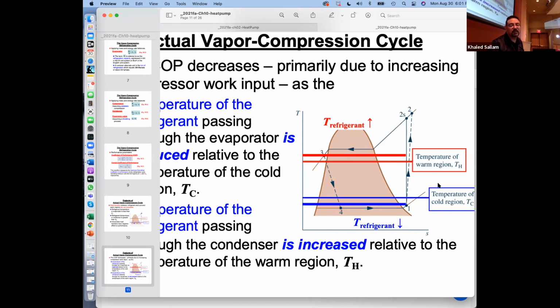Beside the work of the compressor, what other bad thing could happen? If I go low enough, like if that blue line becomes even here, what happened? No, actually, the problem is state 4.